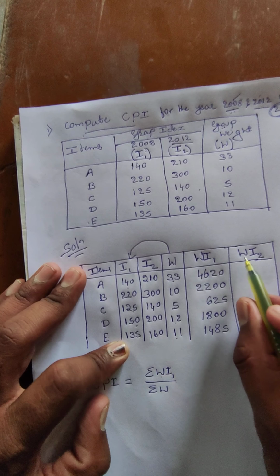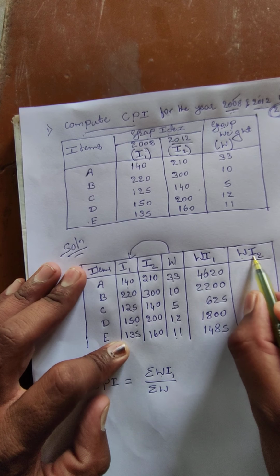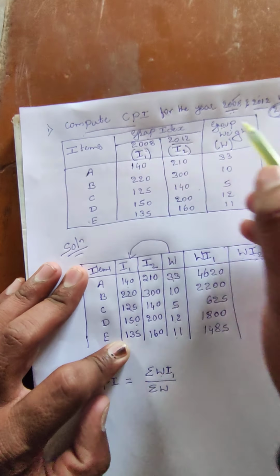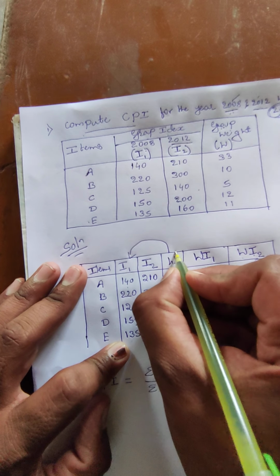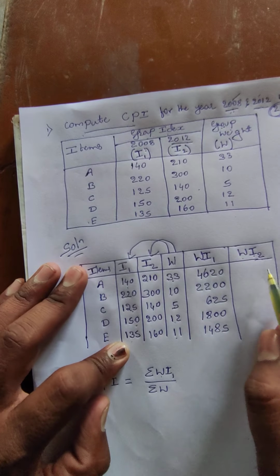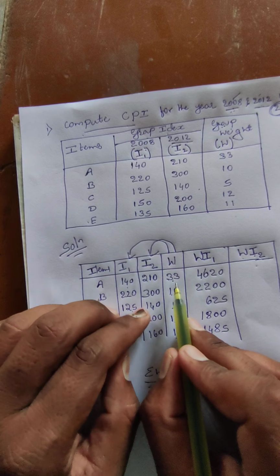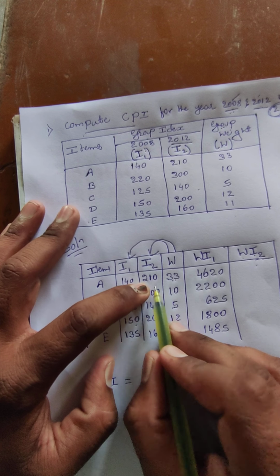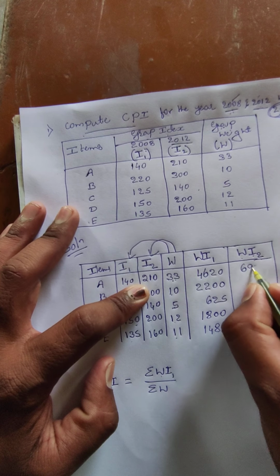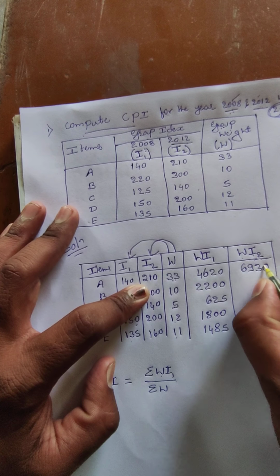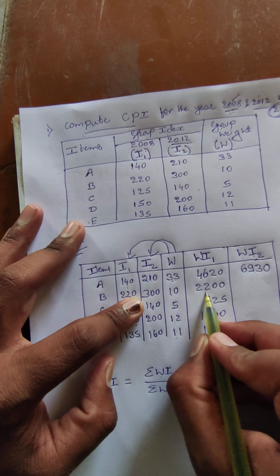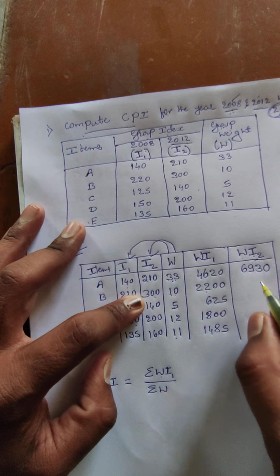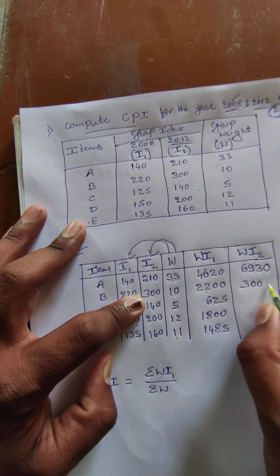Next we require W into I2, the index number of the second year, 2012. So we multiply W into I2. 33 into 210, we get 6930. Next 10 into 300, we get 3000.